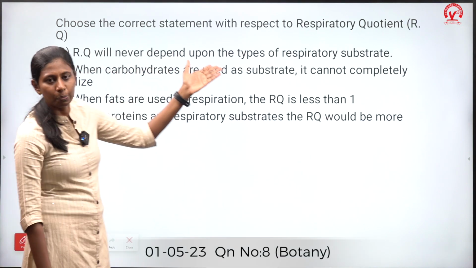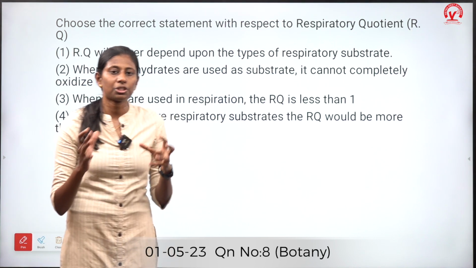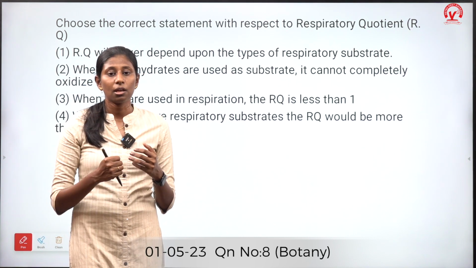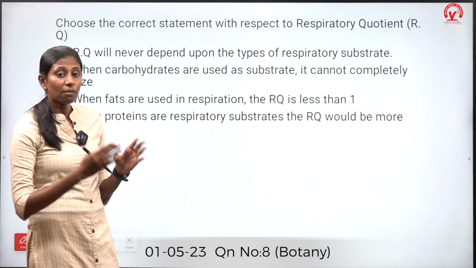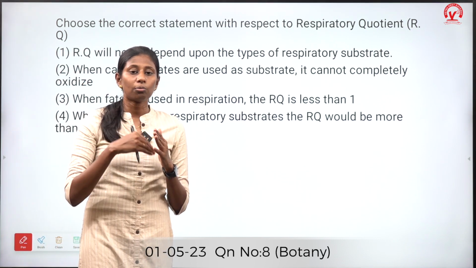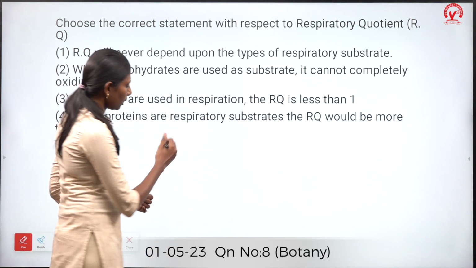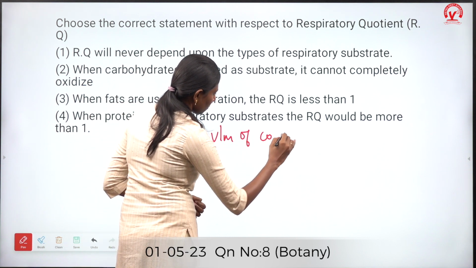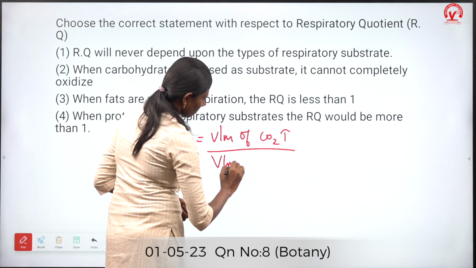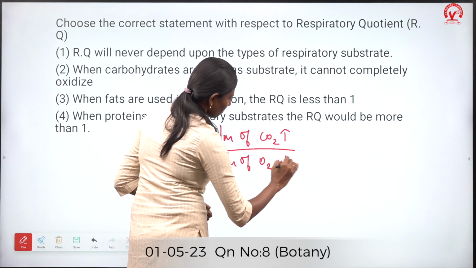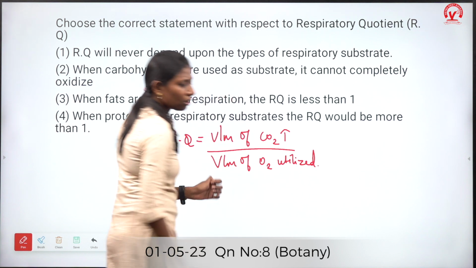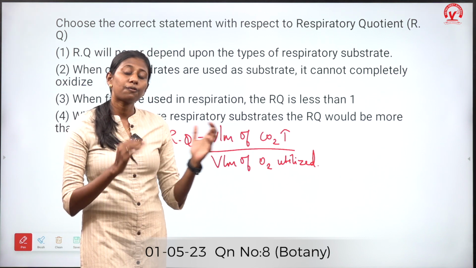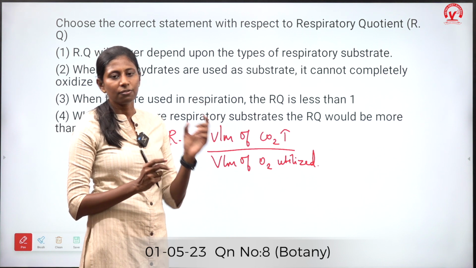Choose the correct statement with respect to respiratory quotient. What is respiratory quotient? During respiration, we consume oxygen and we release carbon dioxide. So the ratio of the volume of carbon dioxide released to the volume of oxygen consumed is known as respiratory quotient. Why do we have to know it? By knowing this value, we can conclude which food substance is involved in respiration.